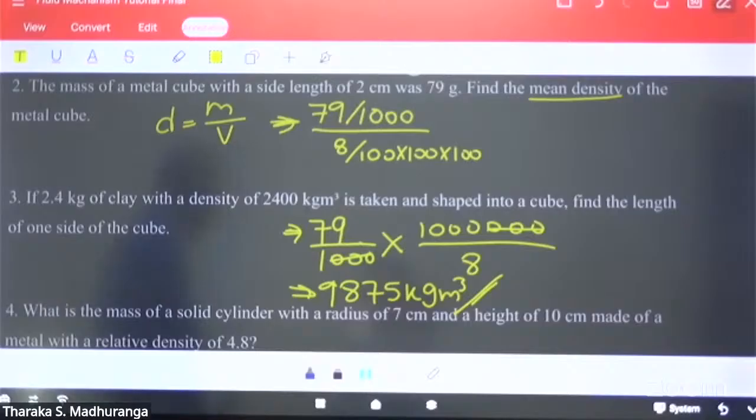Then that's also correct. You should get the same answer. Then it is 0.02.